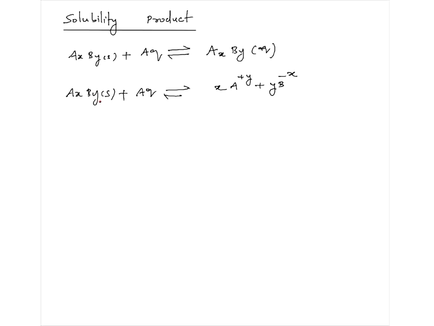Solubility. How much is soluble? That's solubility. Just think of it as a typical stoichiometric reaction. If alpha part of it goes, alpha X is formed, alpha Y is formed.